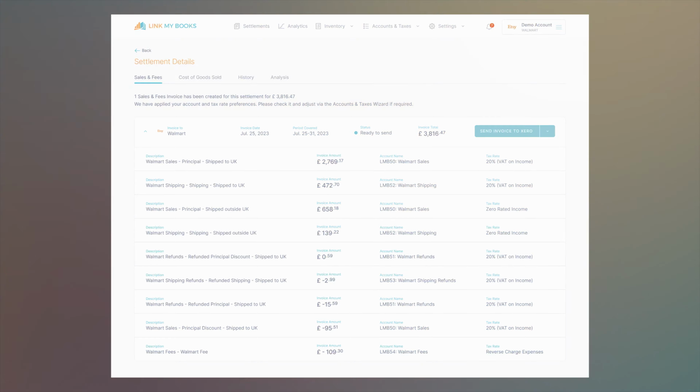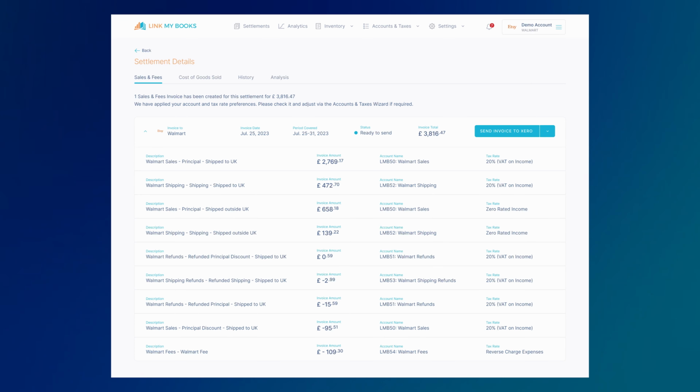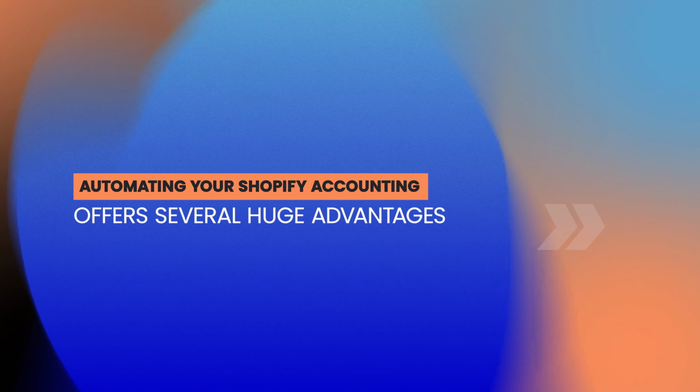It creates detailed summaries in your accounting software, breaking down each payment into sales, refunds, and fees, with the proper accounts and tax rates already applied. Best of all, when a payout hits your bank account, you can reconcile it with just one click instead of matching hundreds of individual transactions. This automation saves you hours every week and significantly reduces the chance of errors in your books.